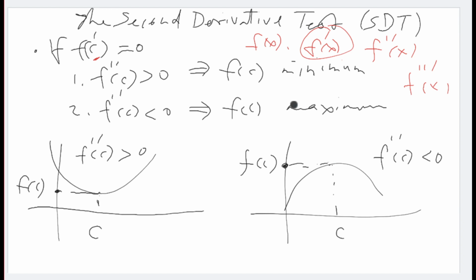All right, so this will be a minimum, this will be the maximum. So just check the second derivative. That's all there is. Of course, you find the critical point first.